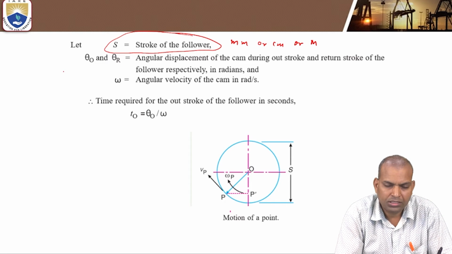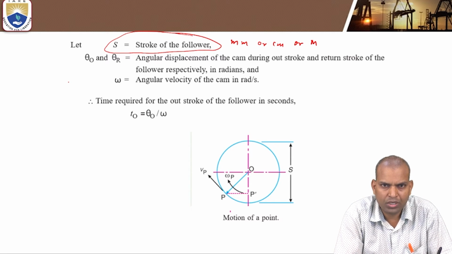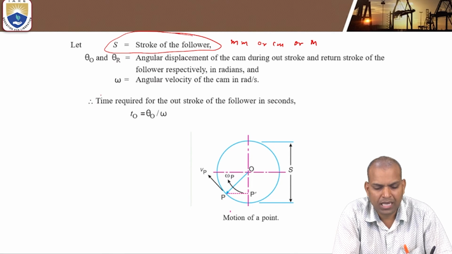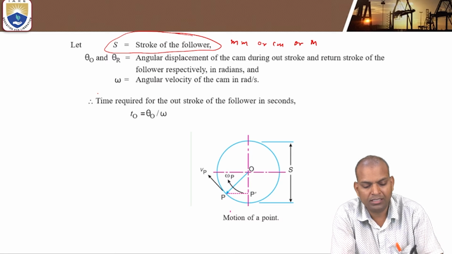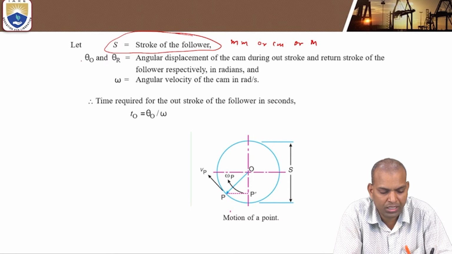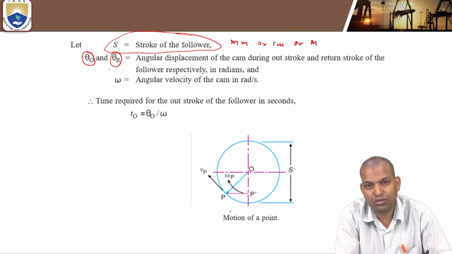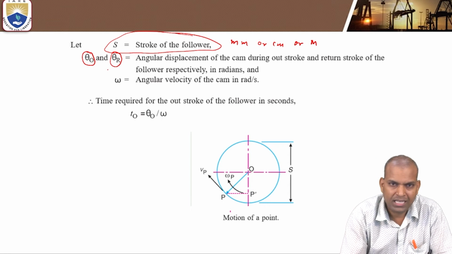Next, the terms theta O and theta R. O refers to outstroke, R refers to return stroke. So theta O means the angular displacement of the cam during outstroke, and the angular displacement of the cam during return stroke is theta R. These theta O and theta R are related to the cam, but there is an effect.